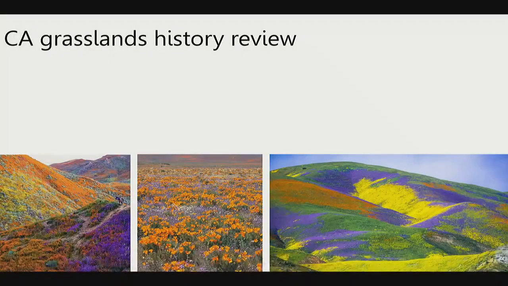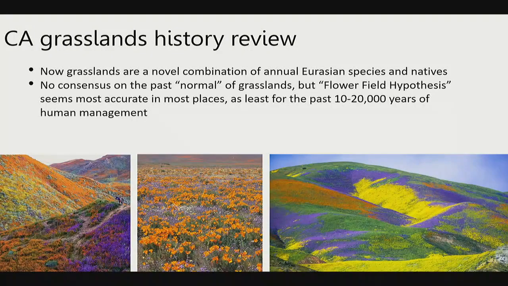So again, talking about the landscape side of things before we finish off talking about the animals. Currently, a lot of the grasslands we see in California were a novel combination of a bunch of Eurasian species, some relic natives that have managed to hang on, survive, even dominate in certain areas. There's no strong consensus on what everything was like in the past, but it turns out that flower field hypothesis, in part because of that data we looked at a minute ago, seems probably more accurate, at least in the past 10 or 20,000 years, which when it comes to plant communities is about as far back as we can look accurately.